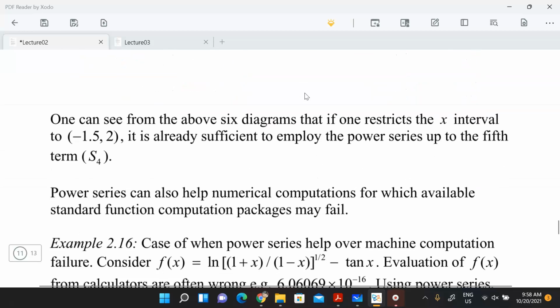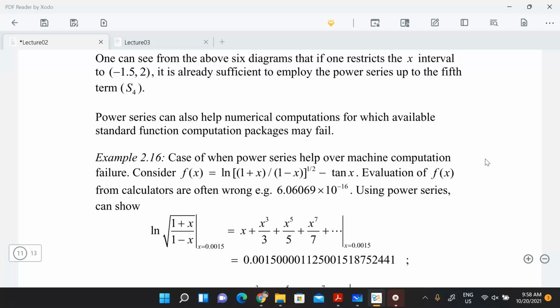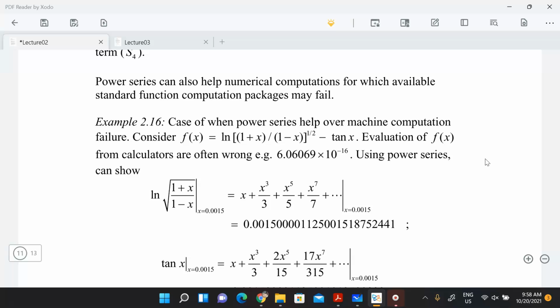All right, I want to do this in the next lecture just to see. Sometimes there are cases where even your computers might fail. For example, this function here, log of the square root of 1 plus x divided by 1 minus x.